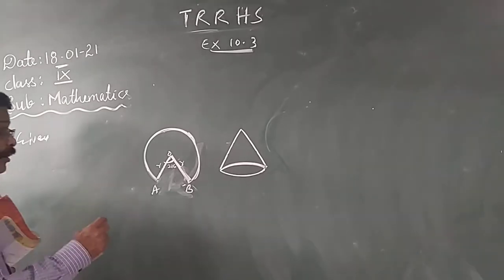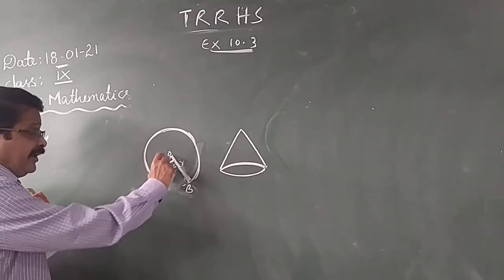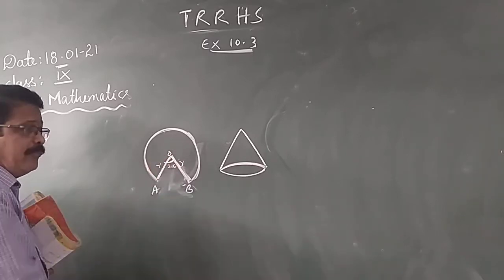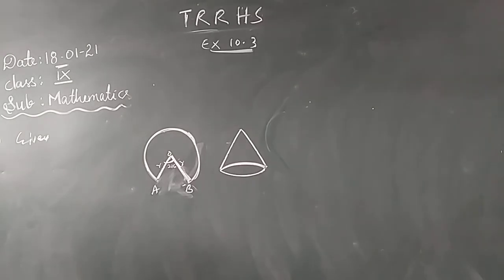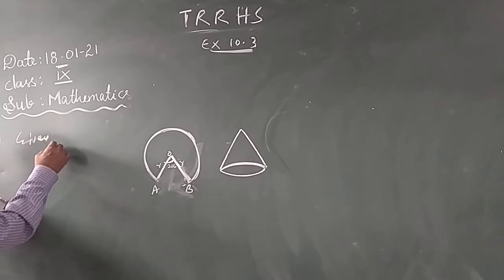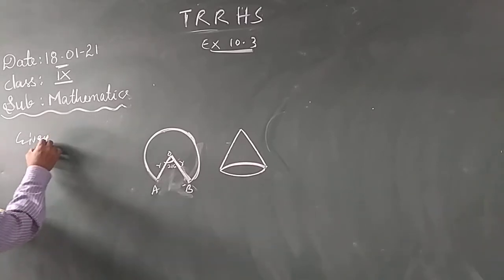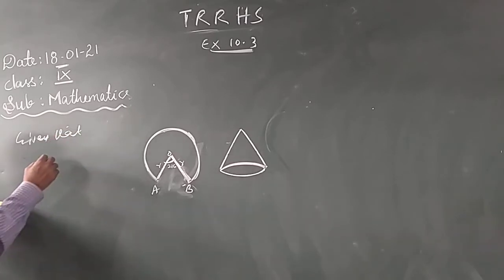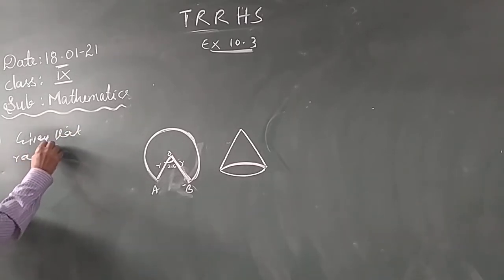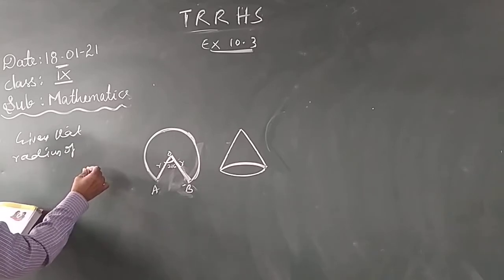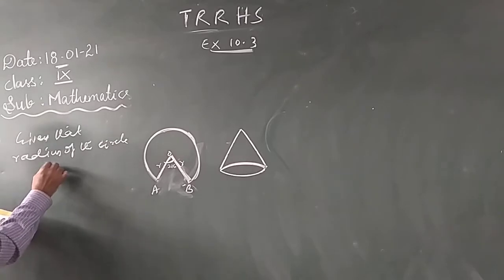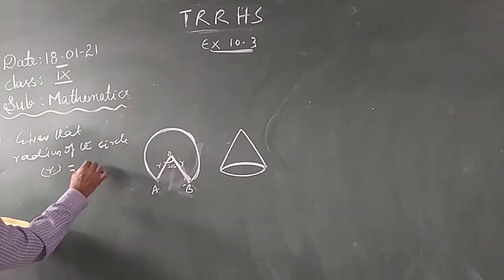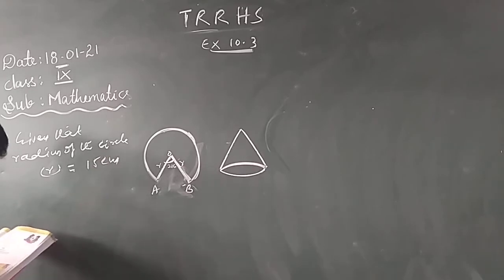So when you join the bounding radii of the sector, OA and OB, it takes the shape of the cone. The volume of the cone formula is 1/3 pi r square h. The radius of the circle is 15 centimeters.